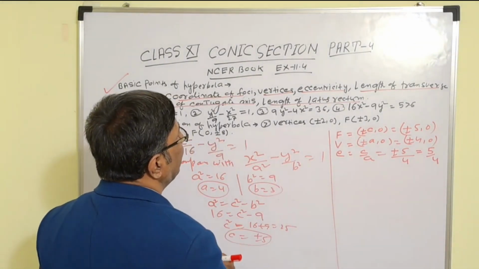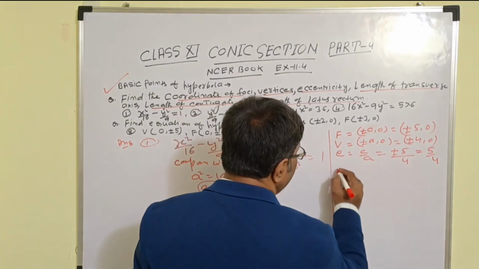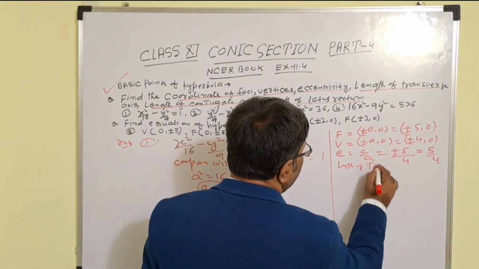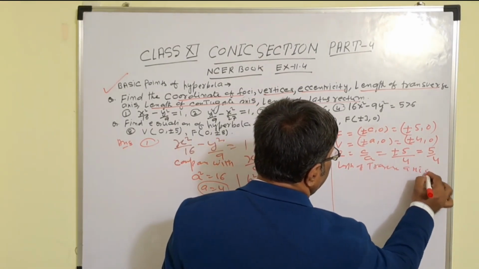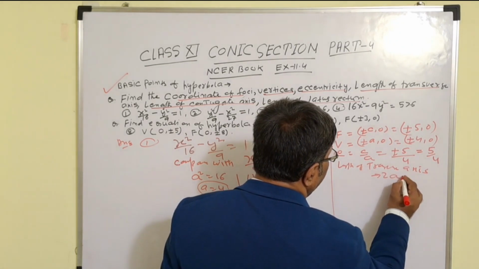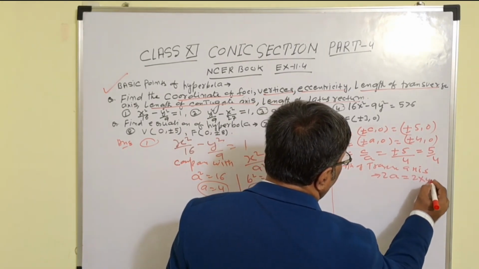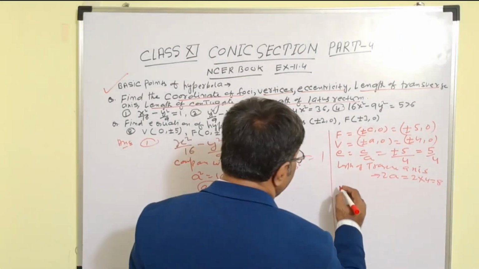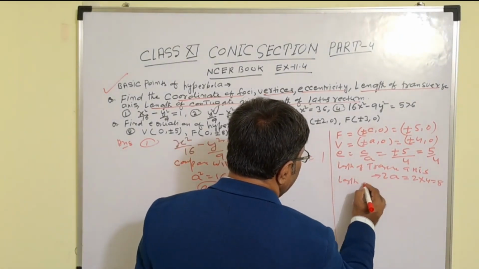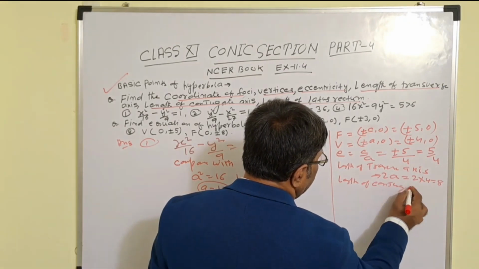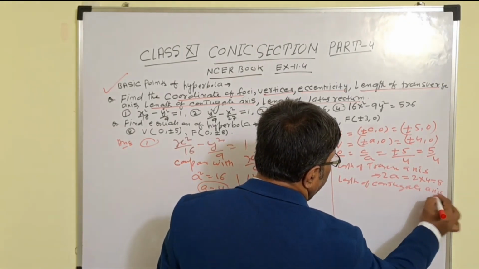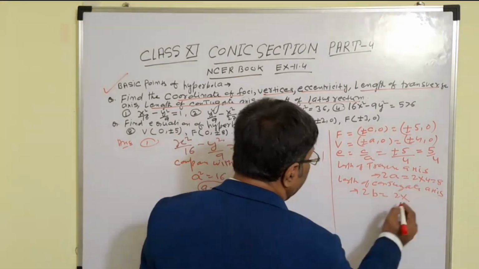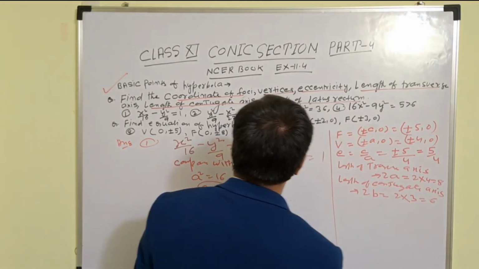Now we have to find the length of the transverse axis, which is 2a. So this is 2 into 4, that is 8. Again, the length of the conjugate axis is 2b. B is 3, so this is 2 into 3, 6.